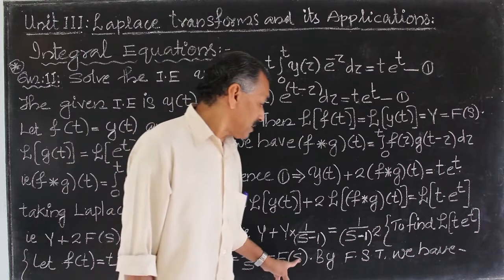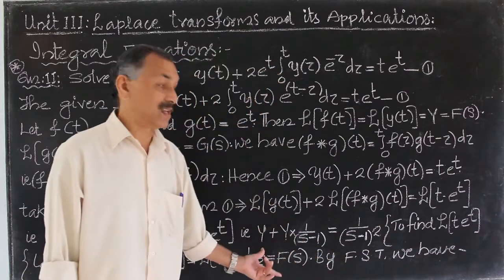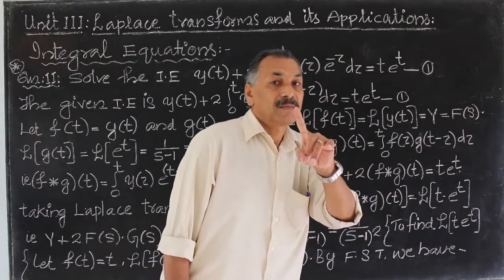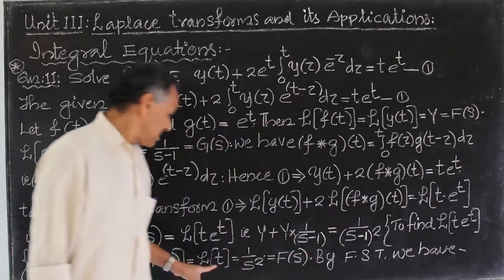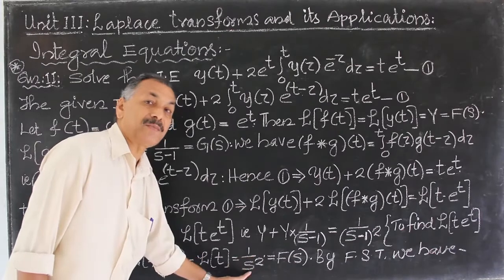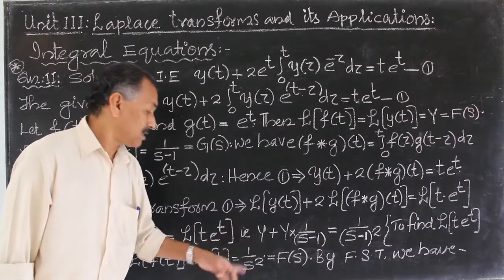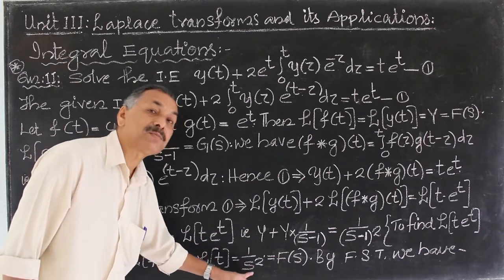That is, wherever s appears in F of s, we put s minus a. Here e raised to at means a is equal to 1. Then F of s is 1 divided by s squared, and wherever s appears we put s minus a, which means s minus 1, giving 1 divided by s minus 1 squared.